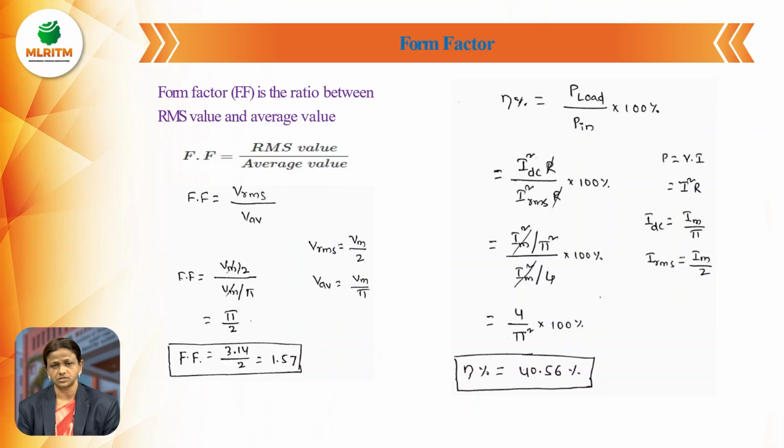Our aim is to avoid this unwanted AC component. How can you avoid it? By using filter circuits. What is meant by a filter circuit? Across this load RL, connect one capacitor parallel to the load RL.